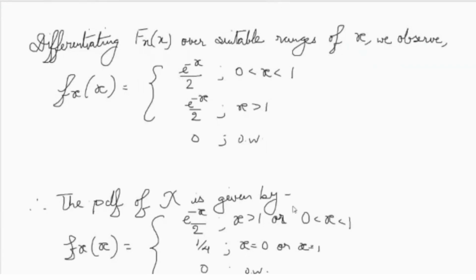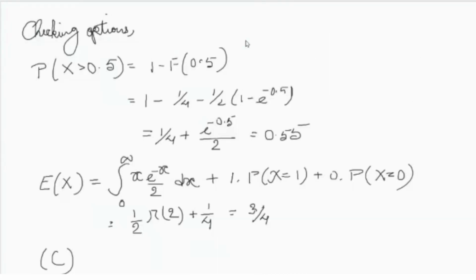And here, along with these two parts, I have simply added the points 0 and 1, which are points of discontinuity. So X is essentially a mixed random variable, which takes positive probabilities at discrete points 0 and 1, and positive density in the continuous range x greater than 1 or 0 less than x less than 1, and 0 otherwise. So in these cases, we need to go for checking the options.